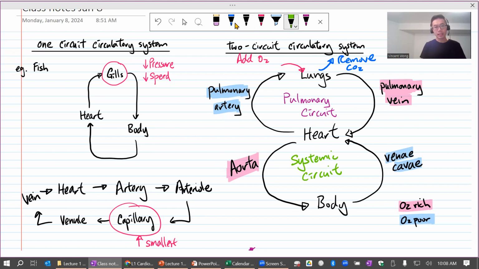Okay. So in the body, you will add CO2 to the blood, right? We're talking about this from the perspective of the blood. And then you will remove O2 so that it can get into the body.